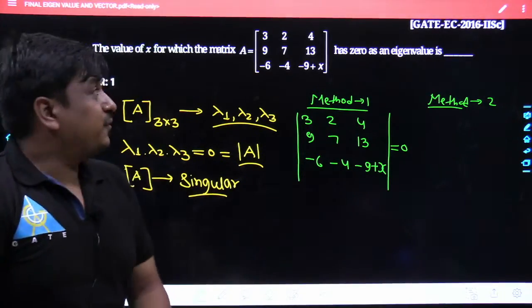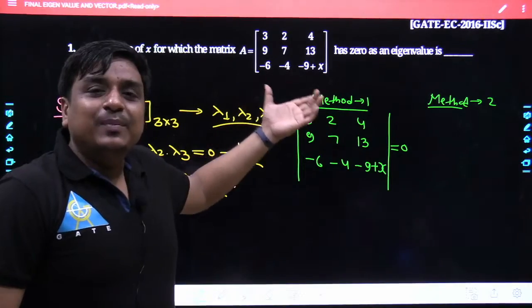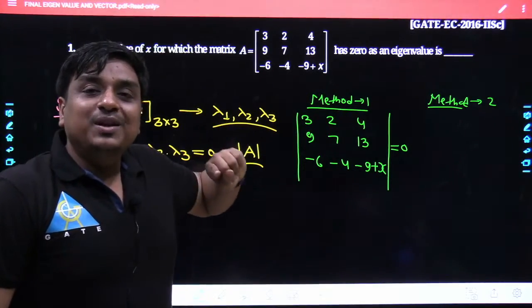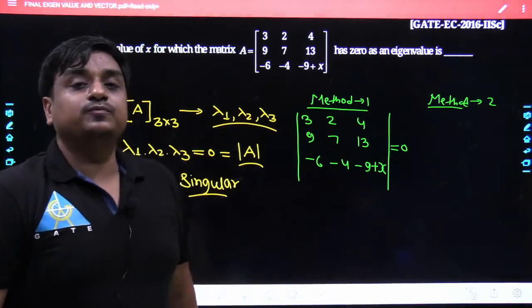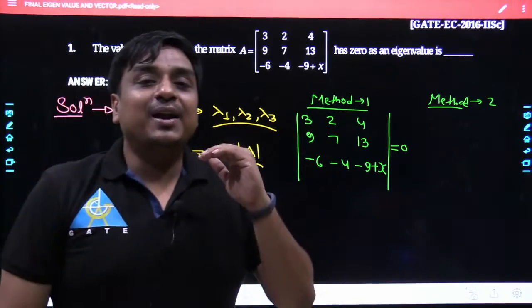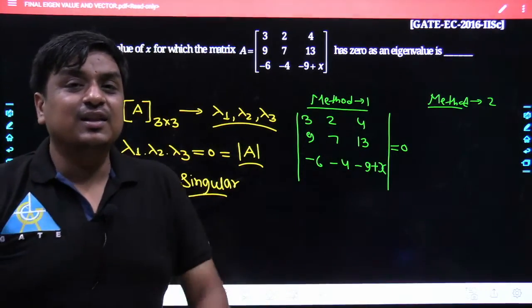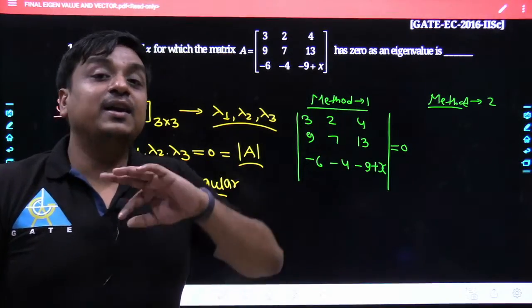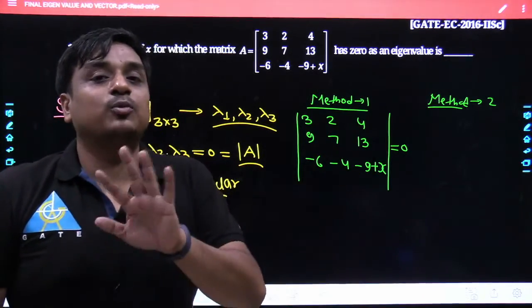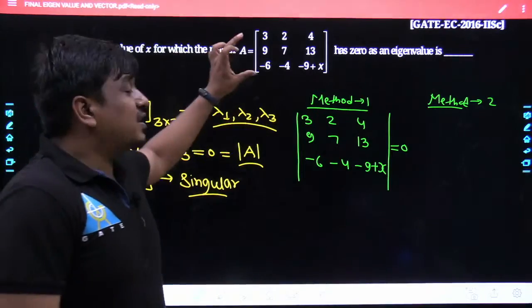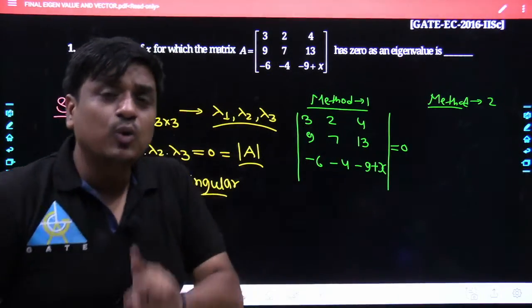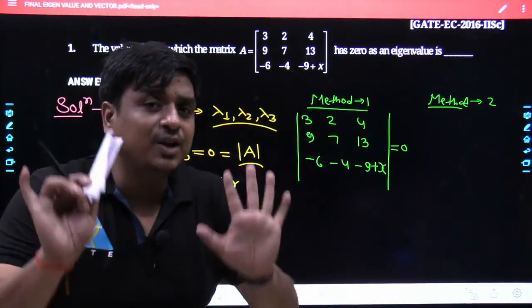See, if the determinant of a 3 cross 3 matrix is 0, that means its rank cannot be 3. If the rank of the matrix cannot be 3, that means the number of linearly independent rows or columns cannot be 3. That means out of 3 rows, at least 1 row is a dependent row. I repeat what I am saying.